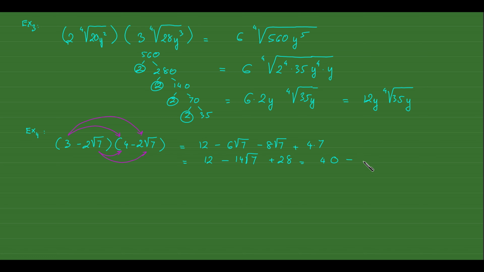Minus 14 square root of 7, and that's it. It's pretty easy when you apply the distributive property. Good. And you're going to do the same thing for third root, fifth root, and all the roots. You just do it the same way.